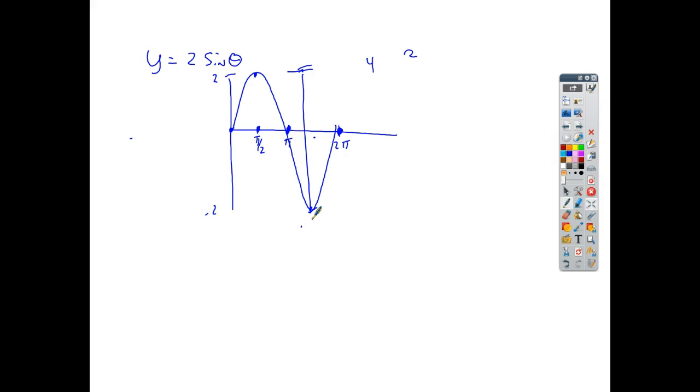So a negative 2 sine theta, if I go y equals negative 2 sine theta, I would end up with this instead, right? Where this is negative 2 and this is positive 2. I would still say my amplitude is 2, though. Okay? The negative just tells me I start by going down instead of up. Okay? So far with me.